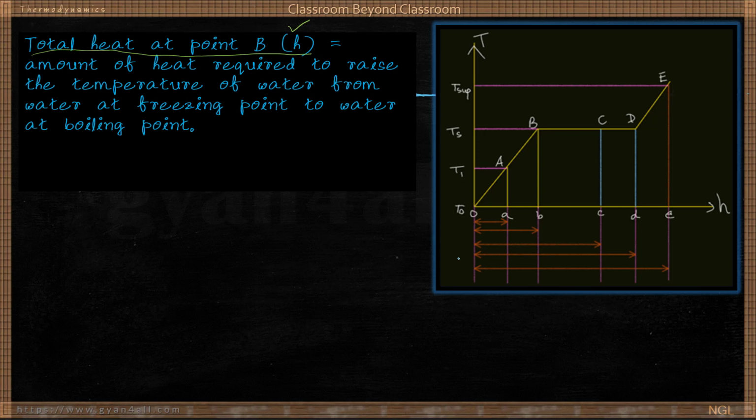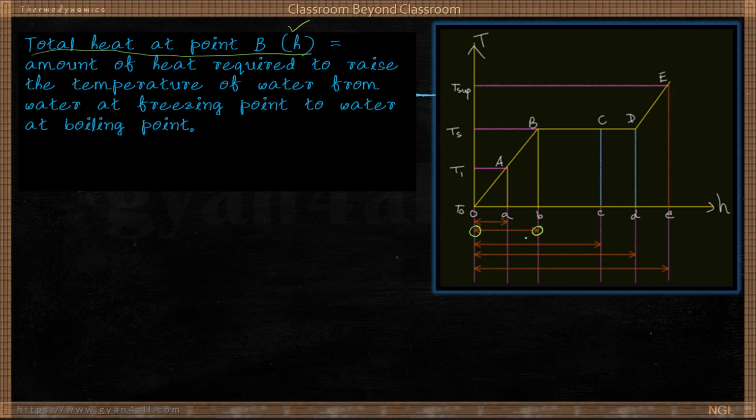So in the T-H diagram, it is from this point to this point, that means Ob, small b, on the x-axis, the enthalpy axis. That will represent the total heat.